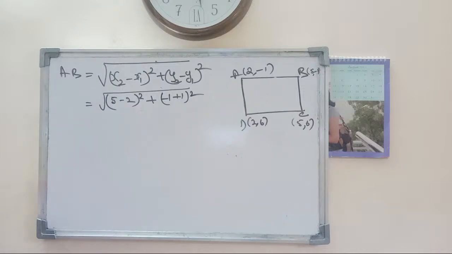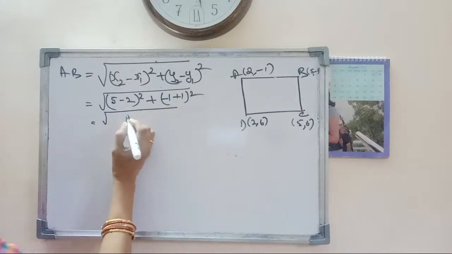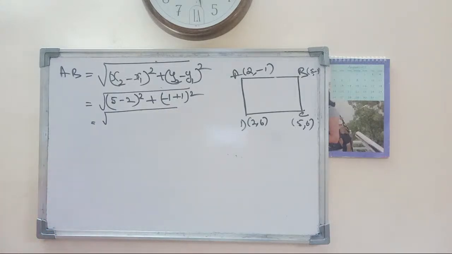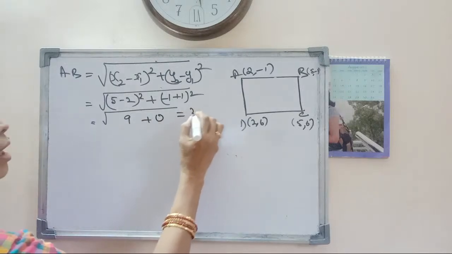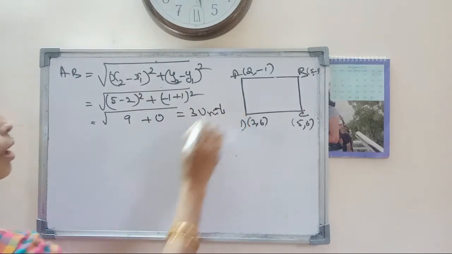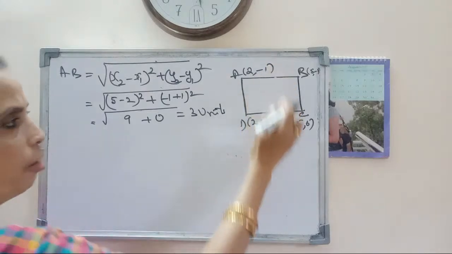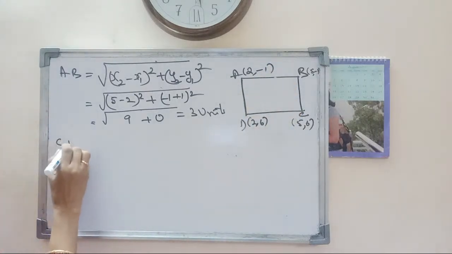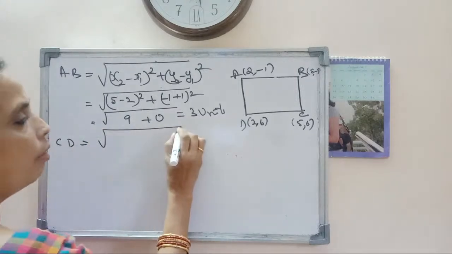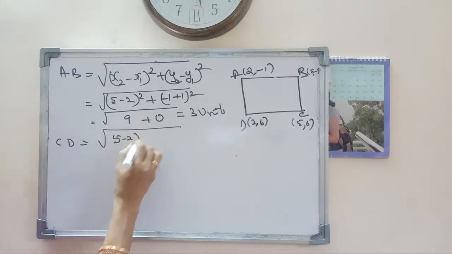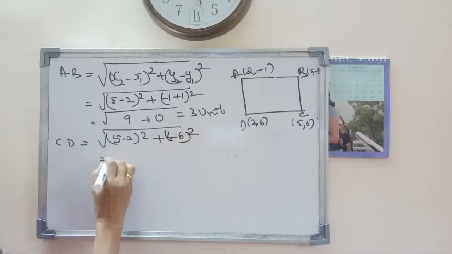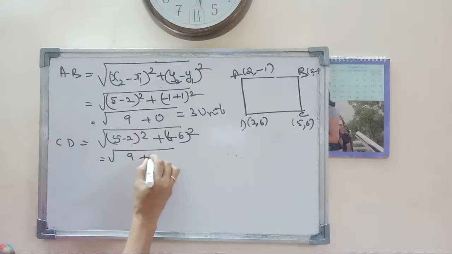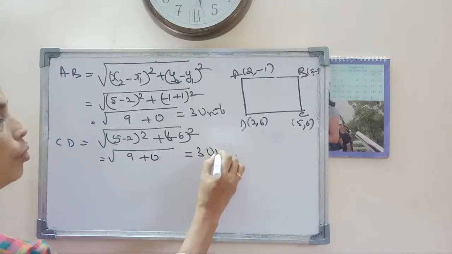Minus of minus becomes plus. What will you get? Root of (5 minus 2) which is 3 square, root 9 plus 0, 3 units. Let us calculate its opposite side, CD. It is root of (5 minus 2) whole square plus (6 minus 6) whole square, root of 9 plus 0, again 3 units.